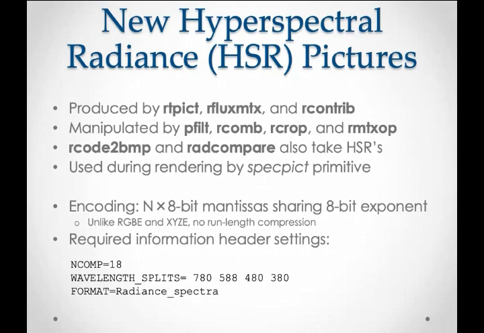If you've specified a different range, that will change the 780 and the 380 to something else. You can technically move the 588 and 580 around as well, but it's not exposed to the user level. And then the format type is Radiance.